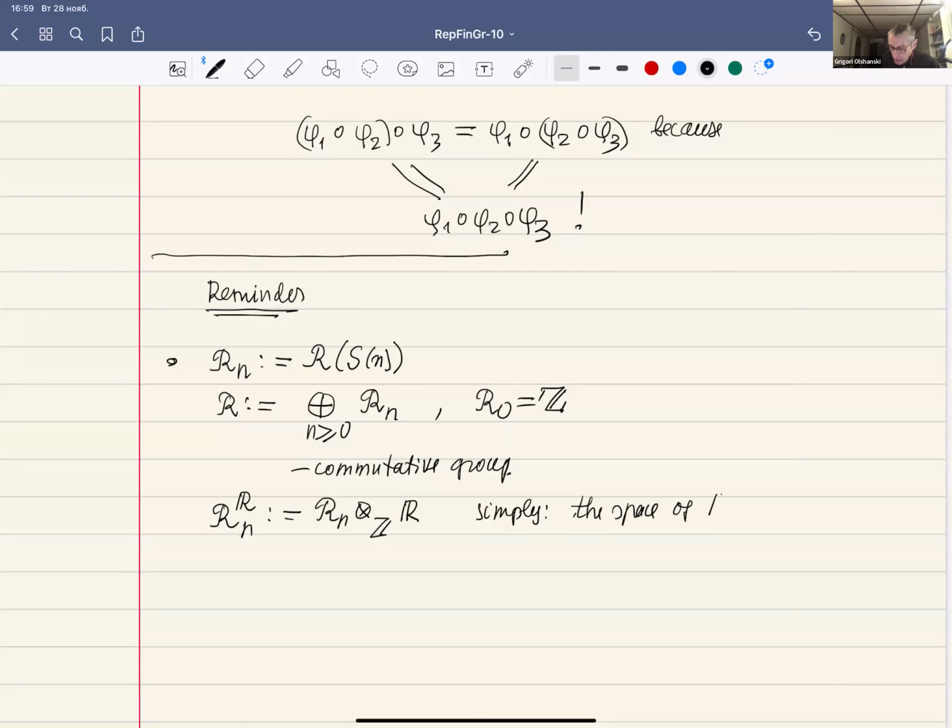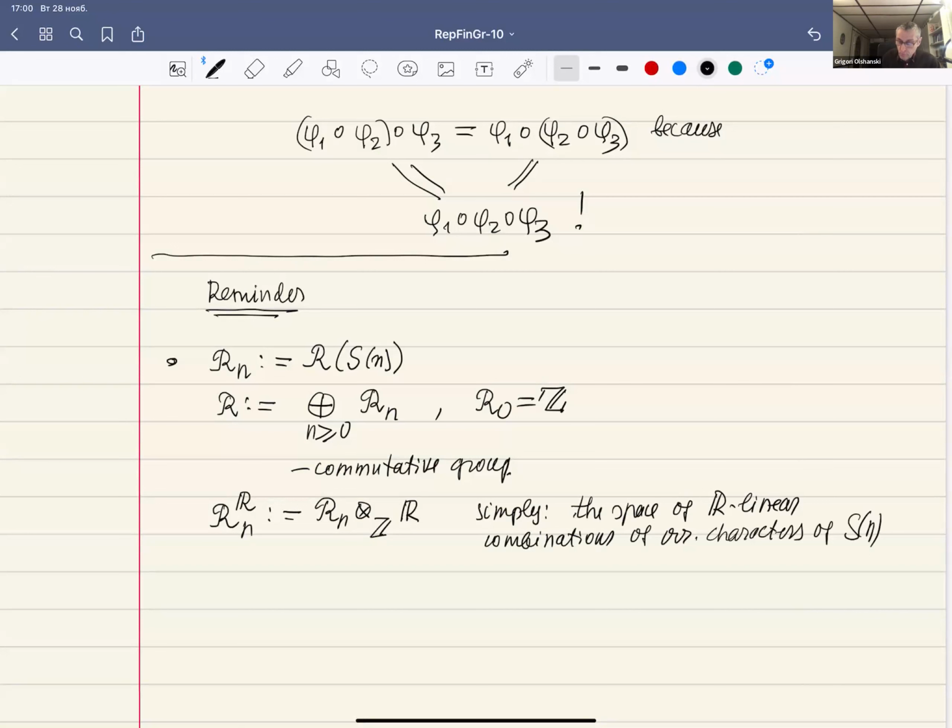of R-linear combinations of reducible characters of a symmetric group.